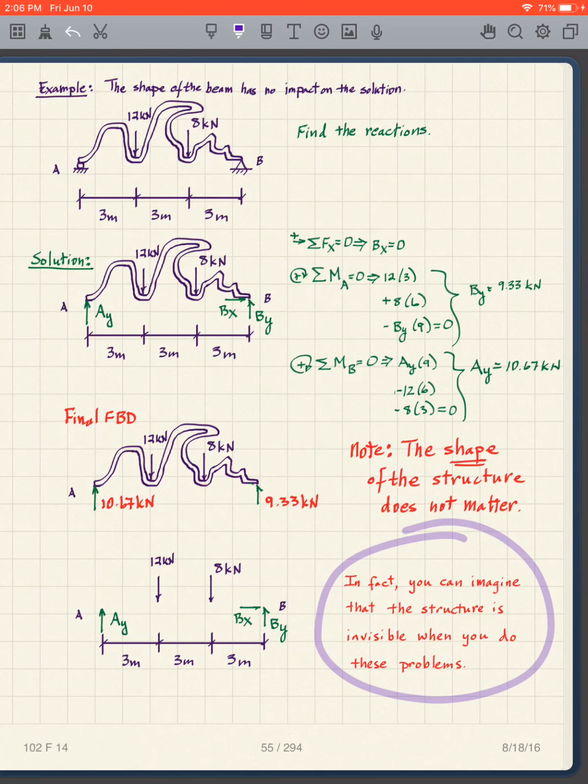We're going to get into trusses and other types of structures, and it really doesn't add any complication. We'll look at what the difference is, but the end result is what we're always looking at are the forces and the distances and the points that we're taking moments about. That's what you need to focus on, not the structure itself.